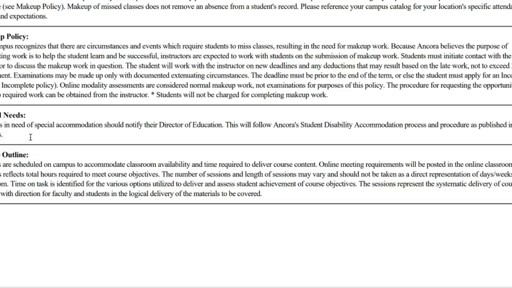And the number of sessions and length of sessions may vary and should not be taken as a direct representation of days and weeks in the classroom. Time on task is identified for the various options utilized to deliver and assess the student's achievement of course objectives. These sessions represent a systematic delivery of course content with direction for faculty and students and logical delivery of materials covered.